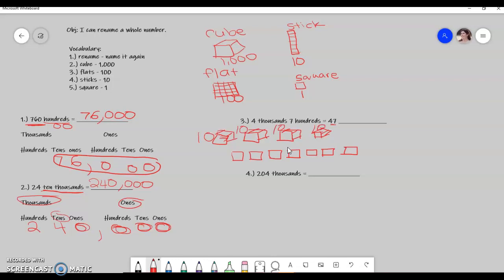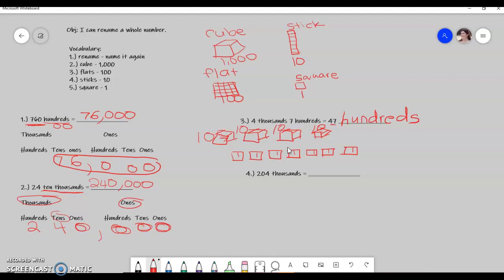There's 10 hundreds in there. So 10, 20, 30, 40, 41, 42, 43, 44, 45, 46, 47. So there are 47 hundreds all together. So we renamed 4,700 into 47 hundreds.